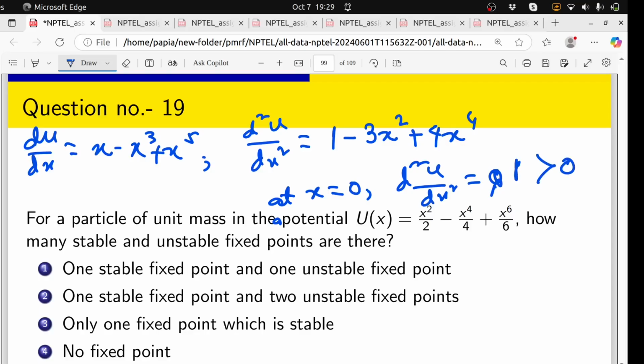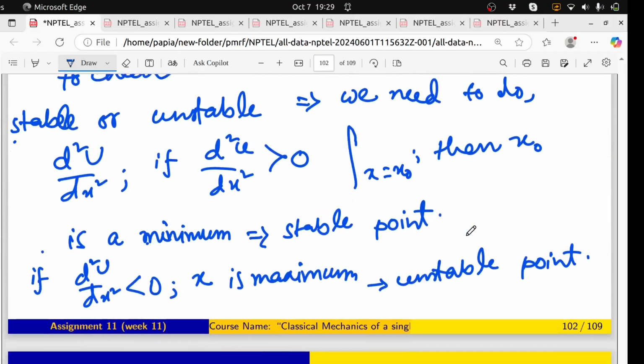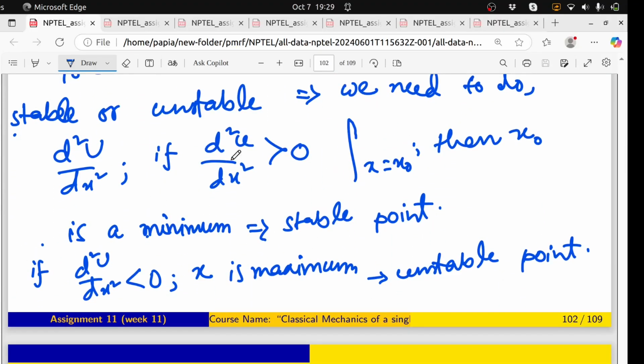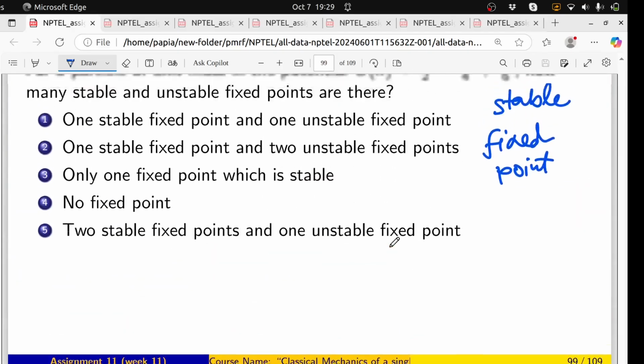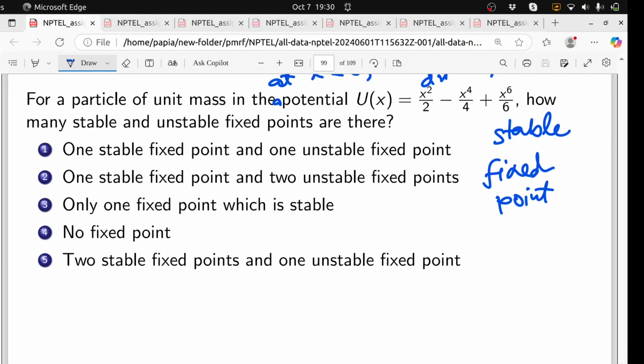So greater than 0 means it is giving me a stable fixed point, as I mentioned. Now coming to the options: one stable point and one unstable fixed point, no, this is not correct. One fixed point, two unstable points, no, only one fixed point which is stable, yes, that is correct. No fixed points, that is also not correct. Two stable fixed points, one unstable fixed point is also not correct.